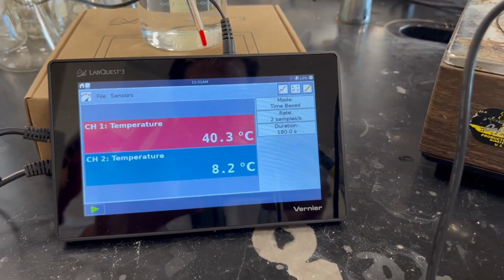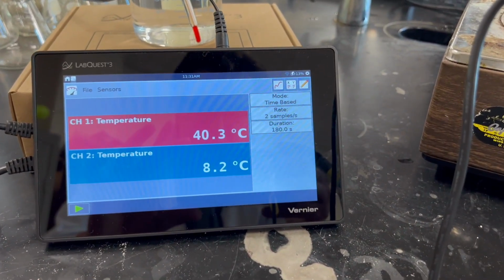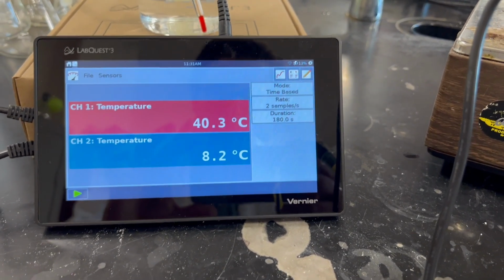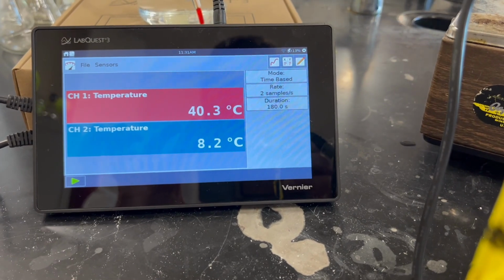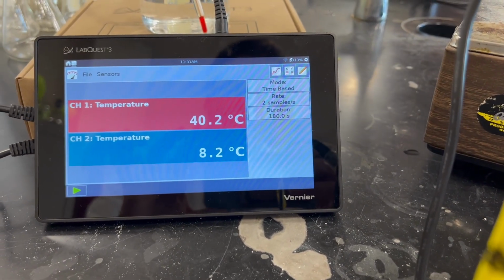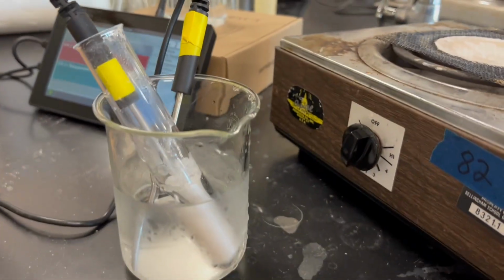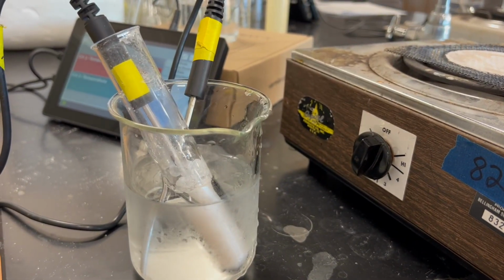It seems like our unknown has stabilized at 40.3. The water temperature is 8.2. So our third measure for the temperature is 40.3.